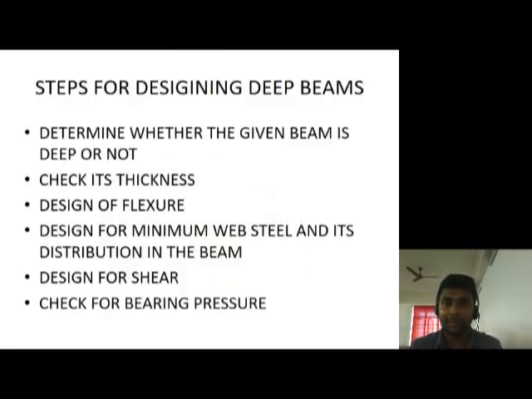Steps for designing the deep beam: determine whether the given beam is deep or not, and check its thickness, then design for flexure, design for the minimum web steel and its distribution in the beam, and next design for shear, and check for bearing pressure at the support and point load for the local failure, and the reinforcement detailing.